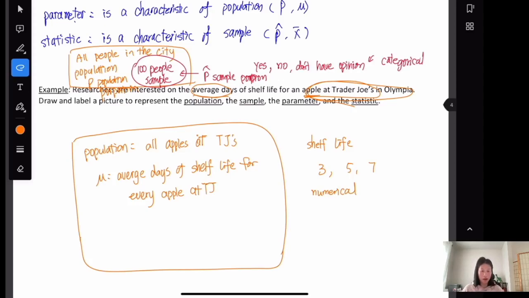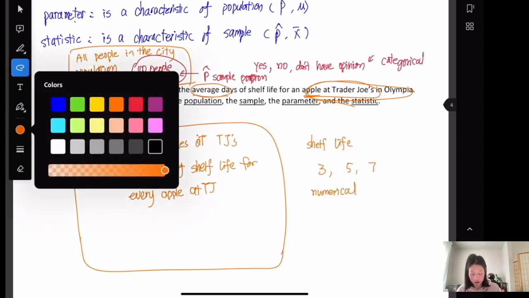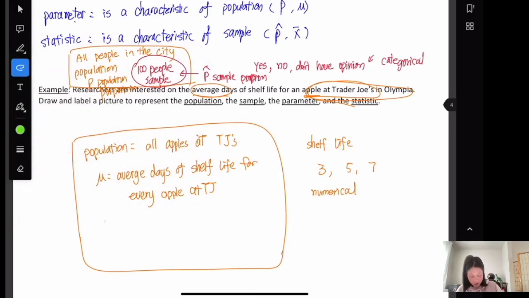But again, remember that the population is very hard to attain, it's unrealistic. So what's more realistic is we sample some of the apples. I'm going to use different colors of pen. For some of the apples, we may pick Honeycrisp for 10, and then another Fuji apple for another 20, and try to investigate and keep track of their shelf life.